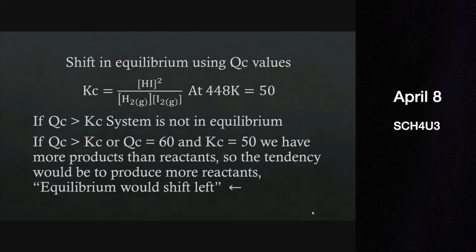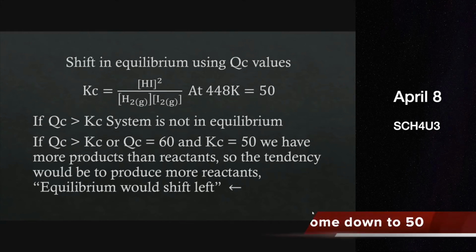So in this case, if QC is larger than Kc, we have more products to reactants if you compare it based on the equilibrium expression, which means if you have more products here, the tendency of the reversible reaction would be to shift towards equilibrium, which means it has to come down to 60.